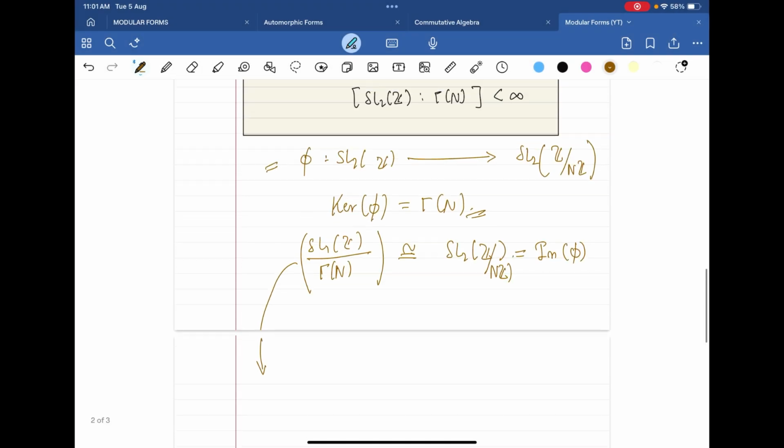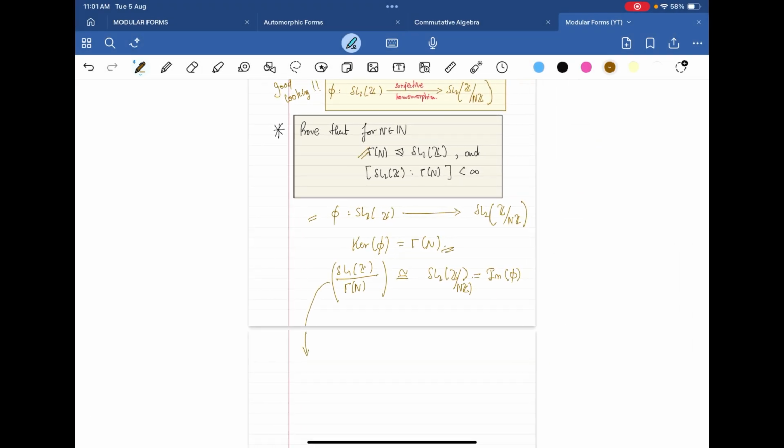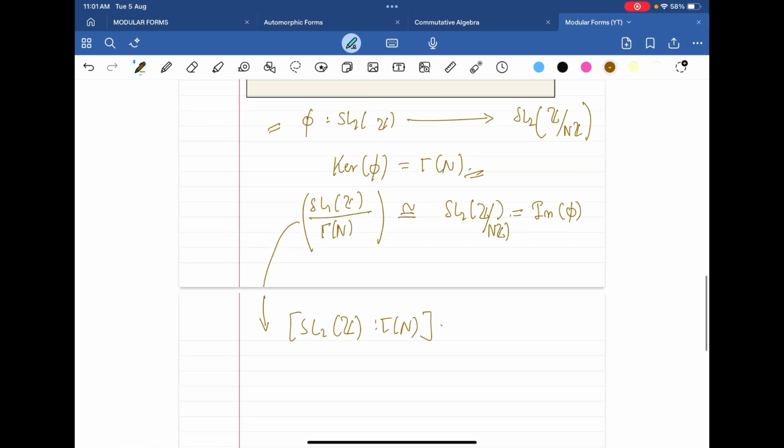It's now done, because what we want is to find the index of gamma n, which is equal to finding the cardinality of this group.